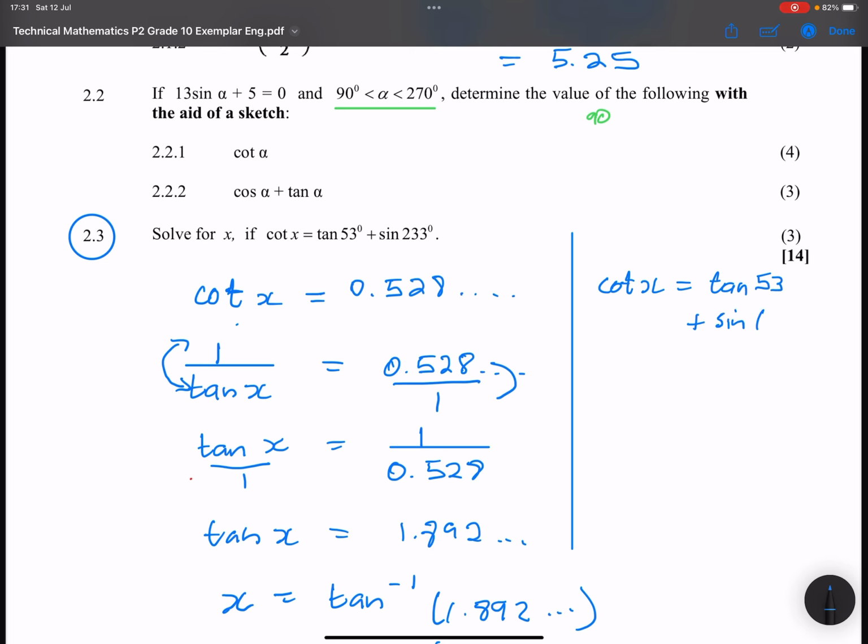So sine of 180 plus 53. You'll see that if I take 180 plus 53, that will give me 233, right? So if I simplify this, this would be cot x. That would be tan of 53.